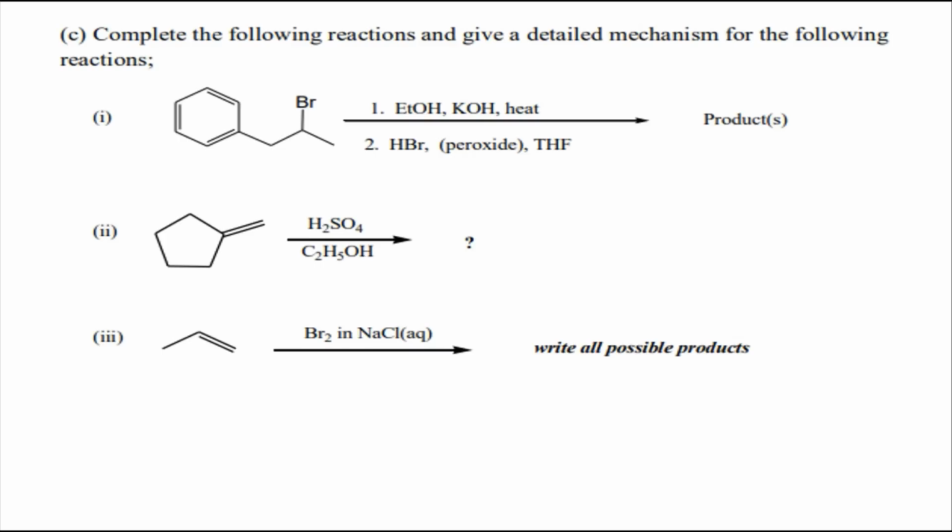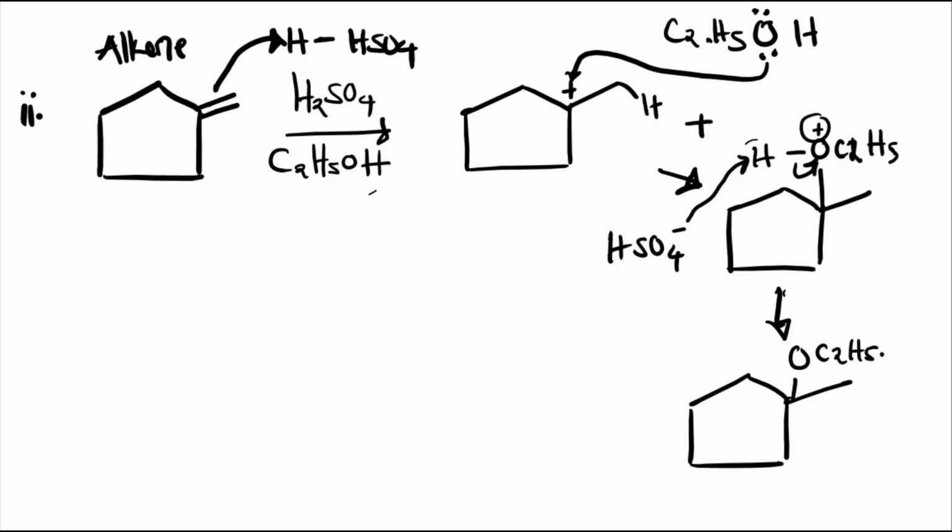So this is one product that is going to form. This is the reaction mechanism of how an alkene is going to react with sulfuric acid in an alcohol.